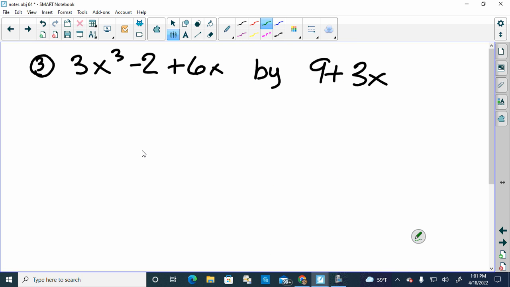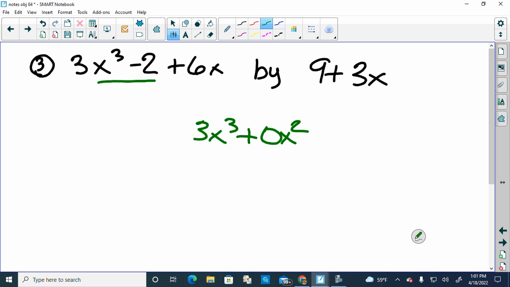Right off the bat, what are you noticing? It's out of order, okay? And we also need to have what? Just like the last one, it's not in descending order. So when you go to write it, I'm just helping you set it up. I need to rewrite this. So it'd be 3x to the third plus 0x squared.